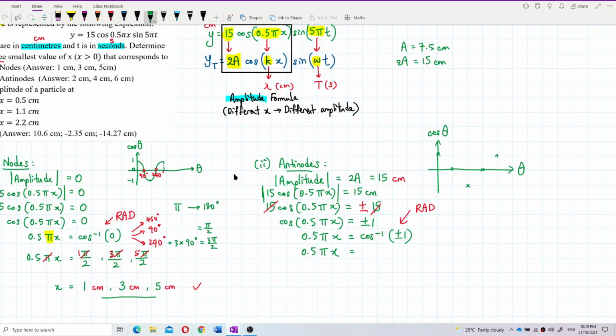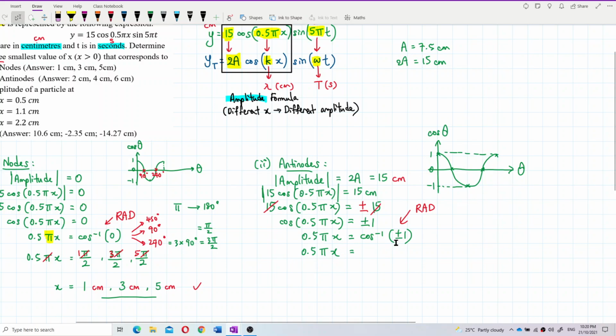I like plotting more systematically. Plot first before you draw. This is the cosine graph. Understand or not? This is equal to 1, 0, negative 1. Okay.